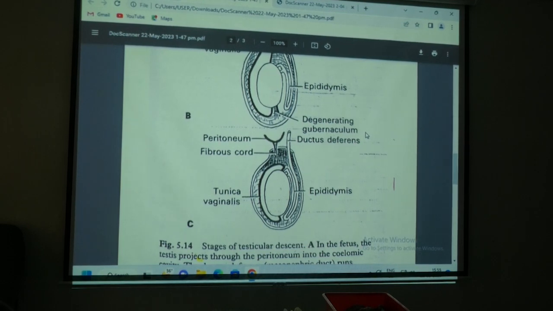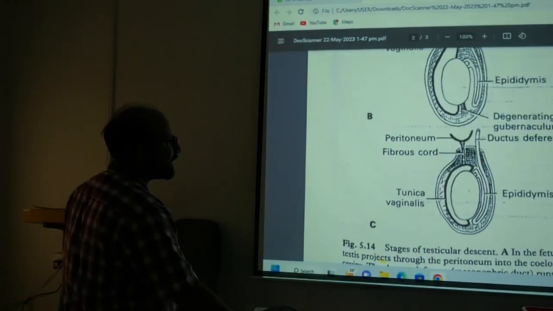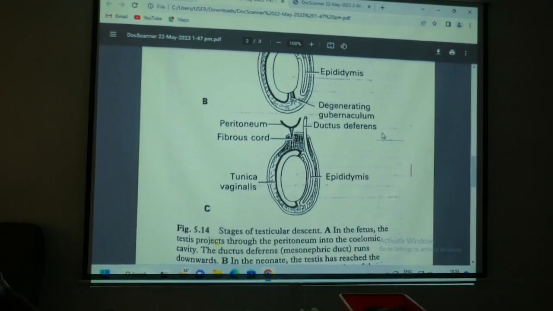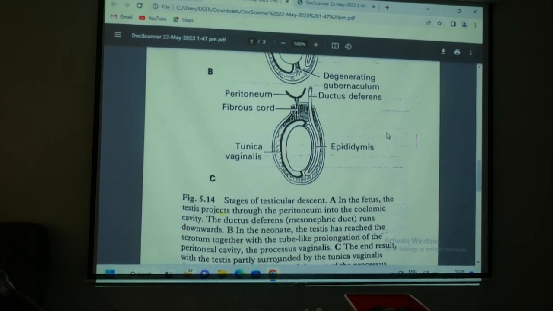এই দেখো fibrous cord, tunica vaginalis, epididymis, stages of testicular descent.